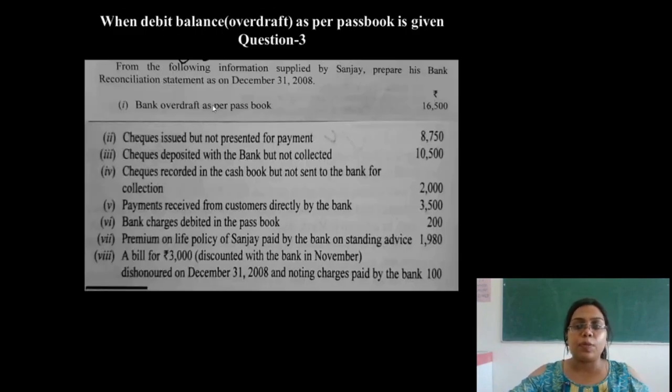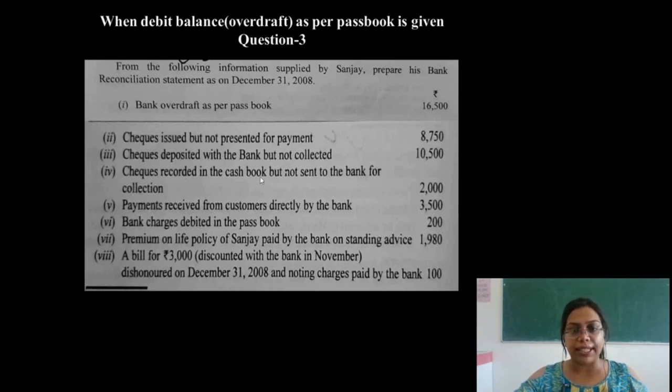So when debit balance as per passbook is given, this is a question where we will start from debit balance as per passbook. From the following information supplied by Sanjay, prepare his BRS as on 31st December 2008. So these are the details. Bank overdraft as per passbook is 16,500. Checks are issued but not presented for payment, 8,750. Checks deposited with the bank but not collected, 10,500.